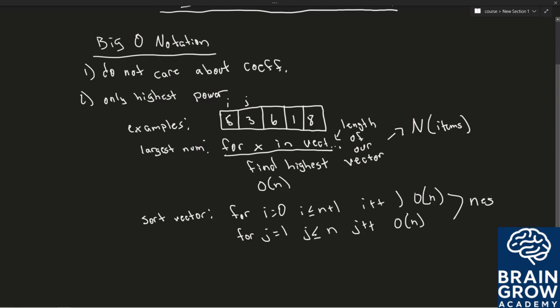And these are nested, right? Because we have O of n here, and then we have another for loop below it, which is also being executed every time this for loop gets run. So we have our nested for loops. We do our compare and swaps to sort the vector.